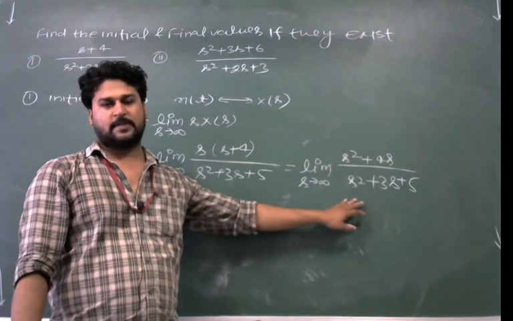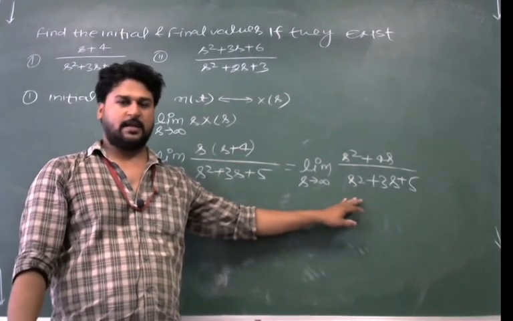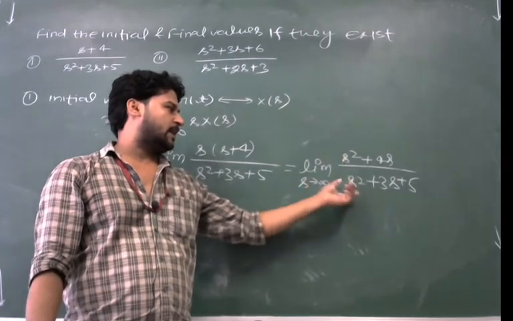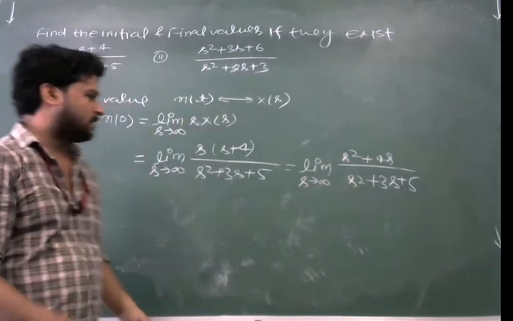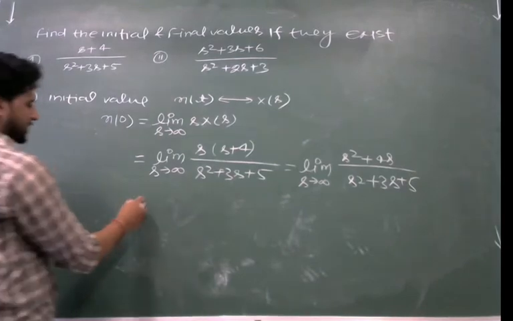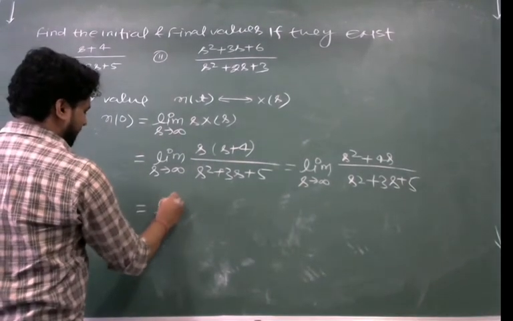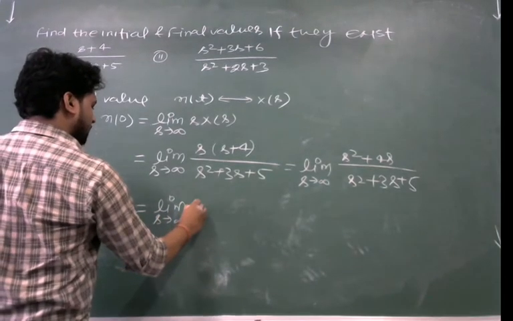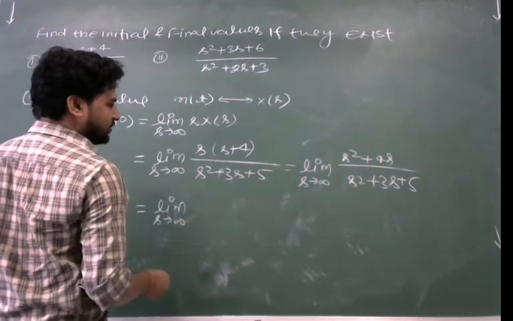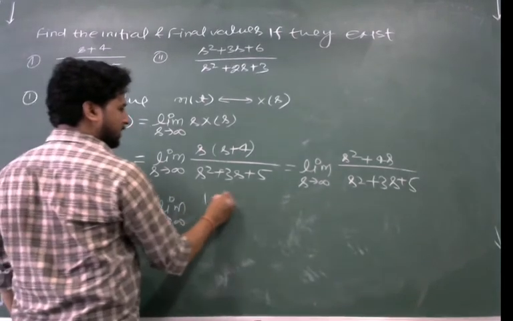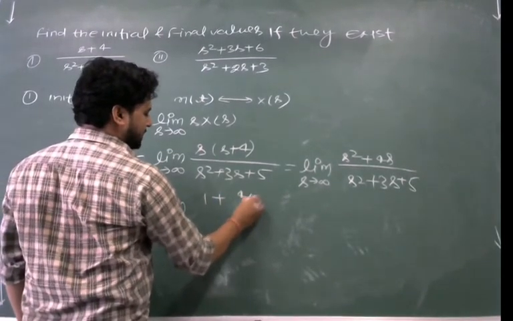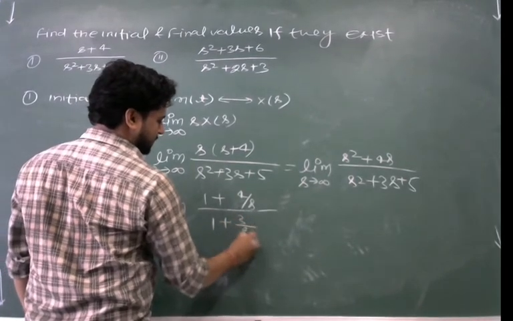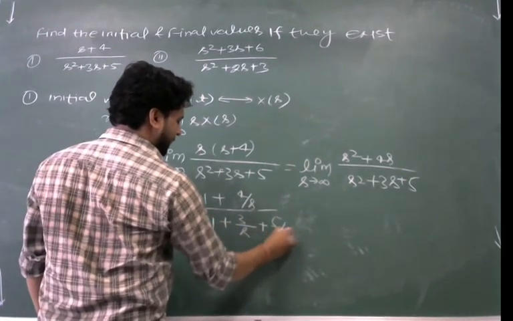For that purpose, we have to divide the numerator and denominator by the highest power of the denominator, which is s square. So this will become limit s tends to infinite, when we divide with s square, 1 plus 4 by s upon 1 plus 3 by s plus 5 by s square.